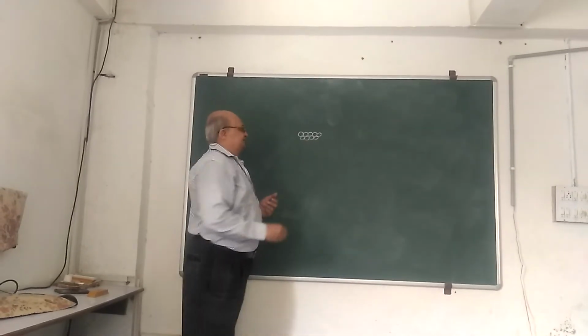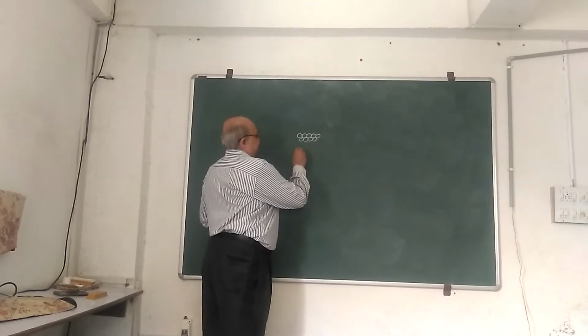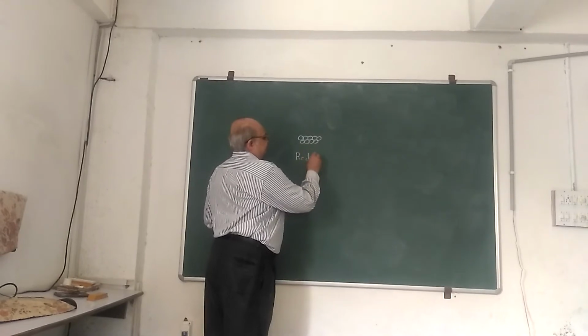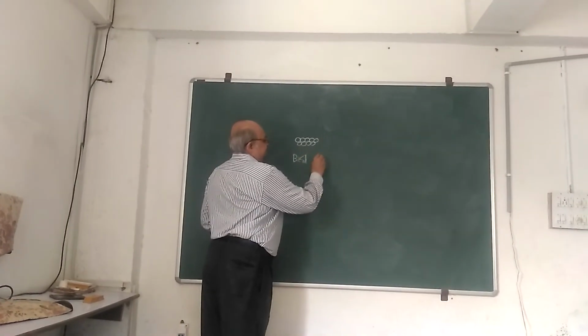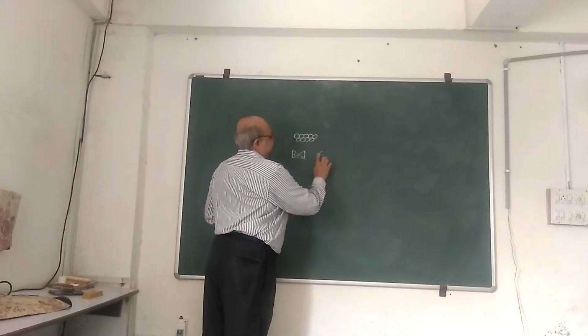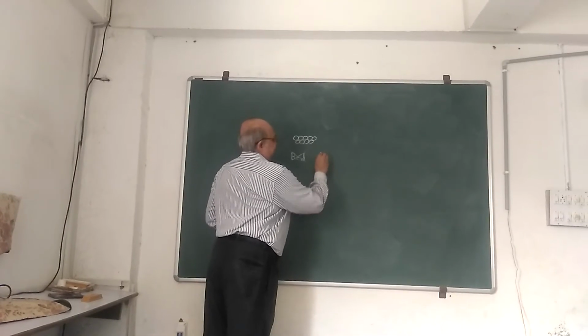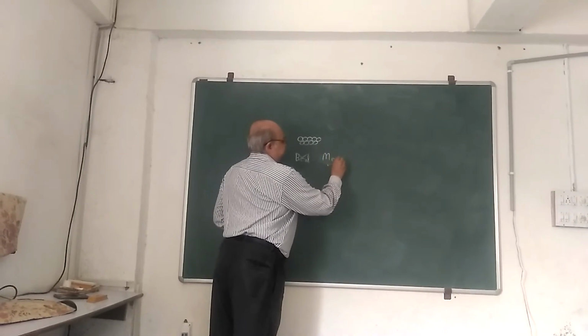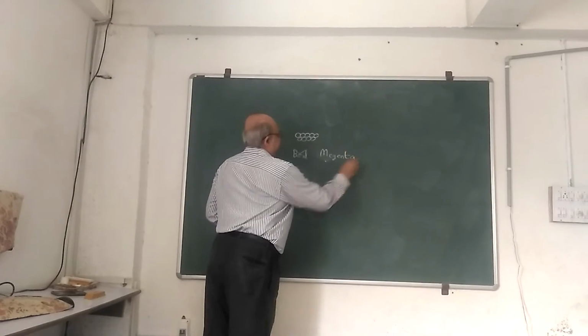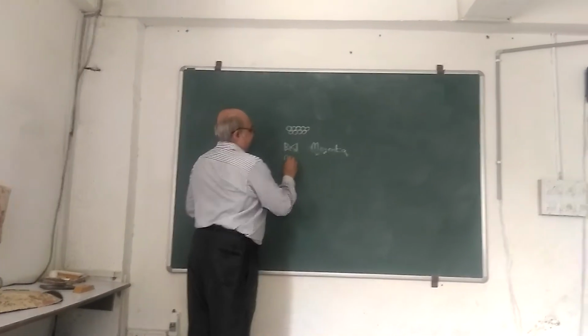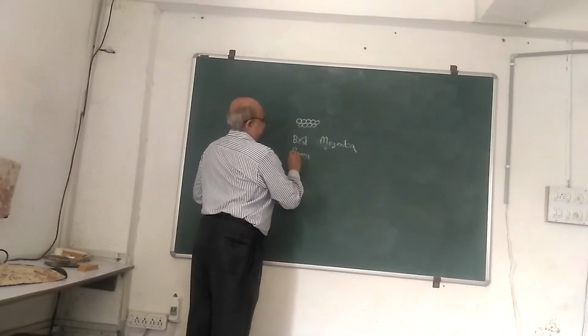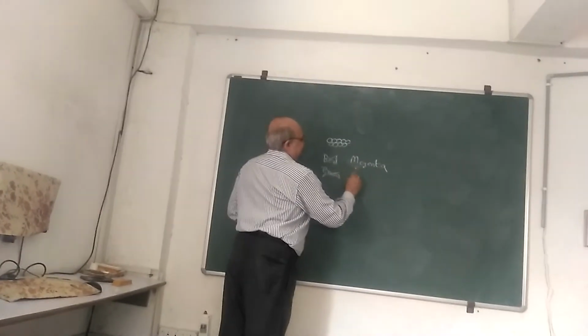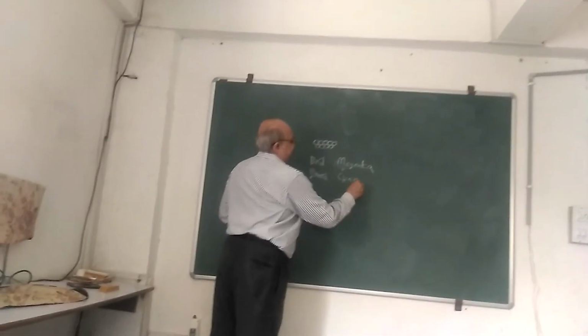So whenever we make, say for example, a red dye, it will not be exactly red, it will be magenta and not red. If we try to make a green dye, it will not remain green, it will be cyan.